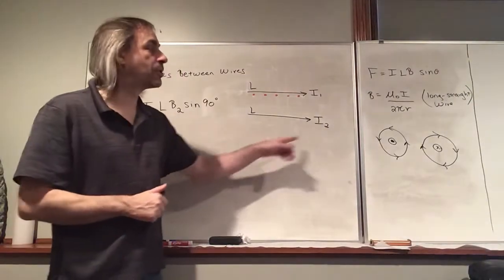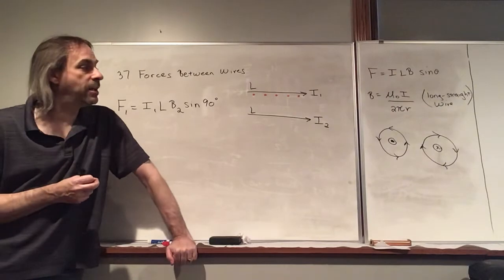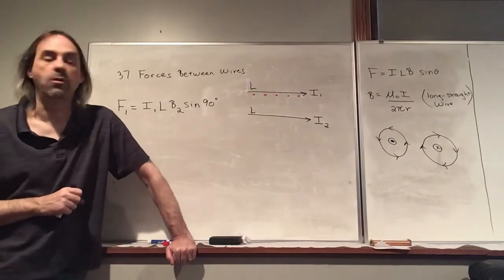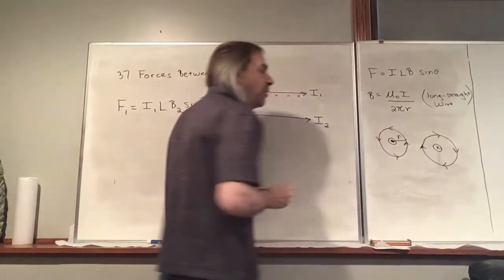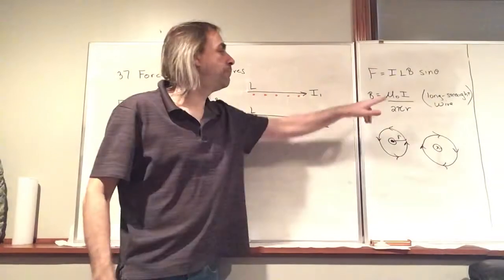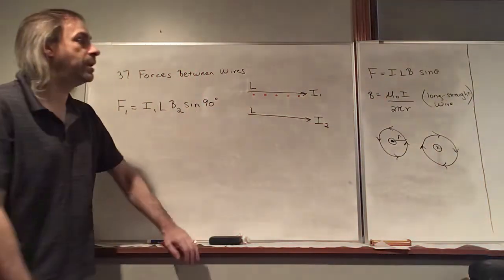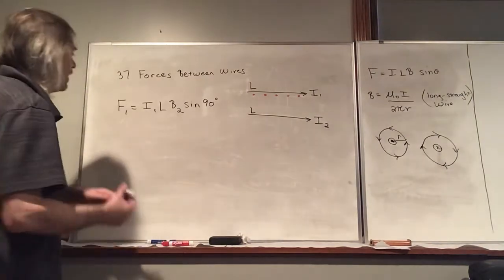Now from Ampere's law, we found the magnitude of the magnetic field a distance r from the wire. So, yeah, the field gets weaker the farther away you are from the wire. And yeah, just very easy calculation using Ampere's law. So B2, let's plug that in.